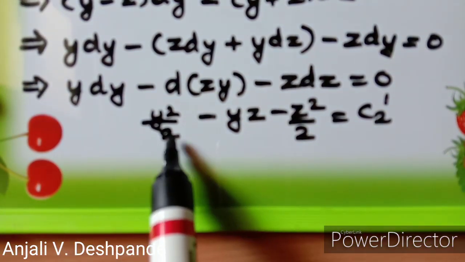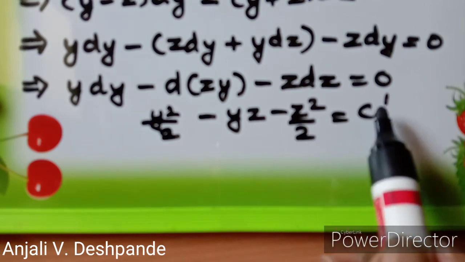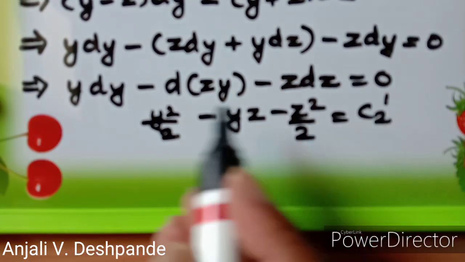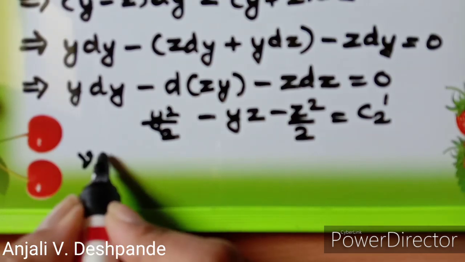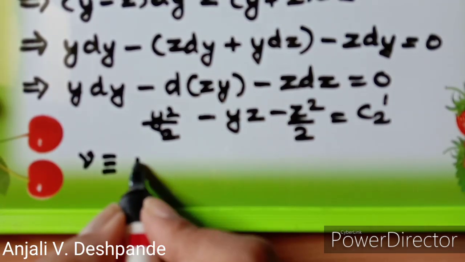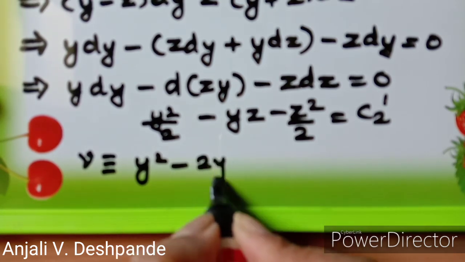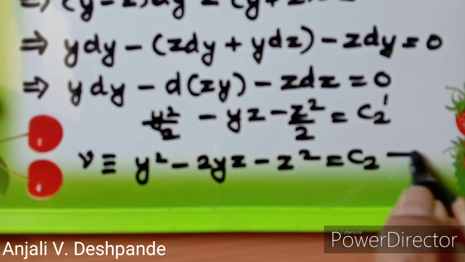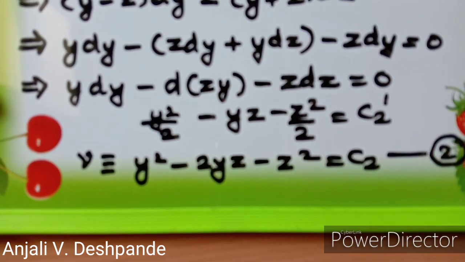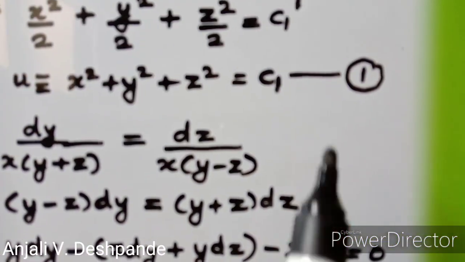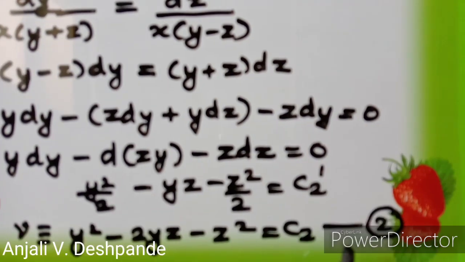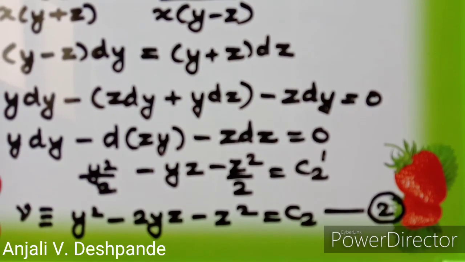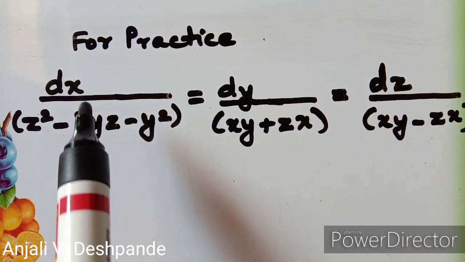Then by multiplying by 2, we rewrite this second solution, let's say v, given by y square minus 2yz minus z square is equal to c2, and that is equation number 2. So together equations 1 and 2 give the solution of the simultaneous linear differential equation which was given to us in the symmetric form. Now for practice, you can solve this sum.